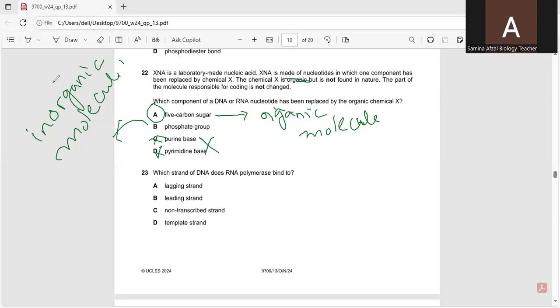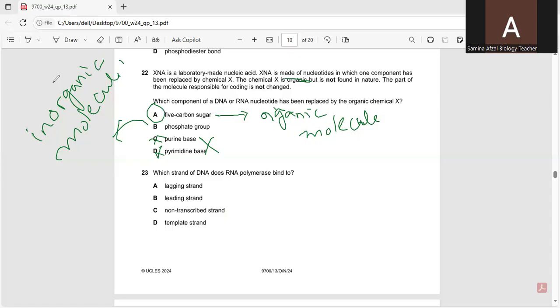So it means the organic molecule that can be changed will not bring about any change in the coding sequence. So it is the carbon molecule. But if the phosphate group is changed, modification to the phosphate group would alter the backbone. Secondly, it is an inorganic molecule. So only A is the correct option, which is a 5-carbon sugar.